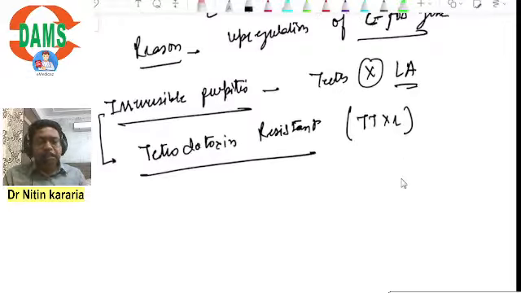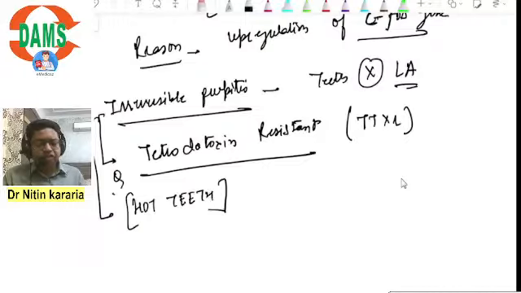Okay, such teeth with symptomatic irreversible pulpitis which cannot be anesthetized with local anesthetics are called hot teeth. So basically two sets of questions. What are hot teeth? Hot teeth are teeth which consist of tetrodotoxin resistant nerve fibers.